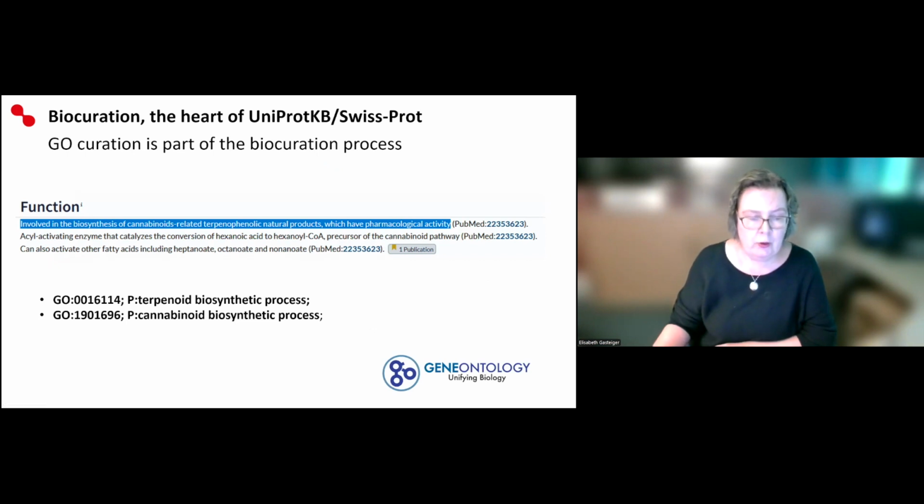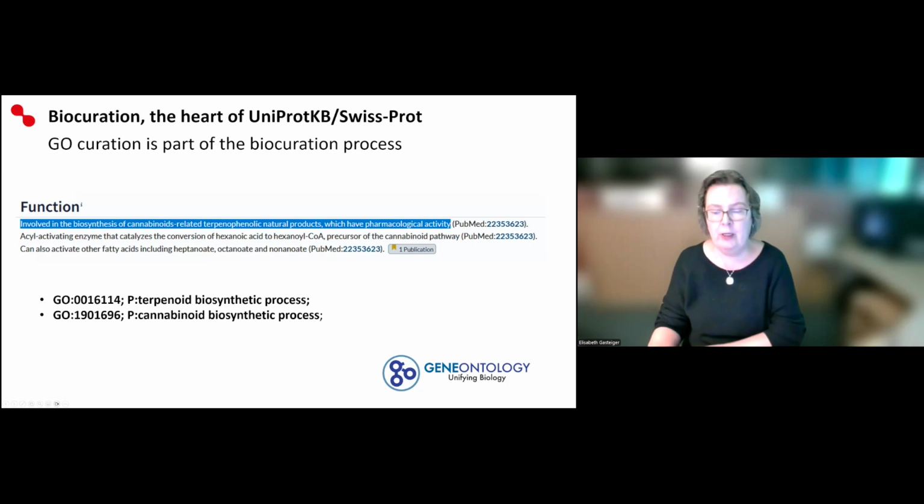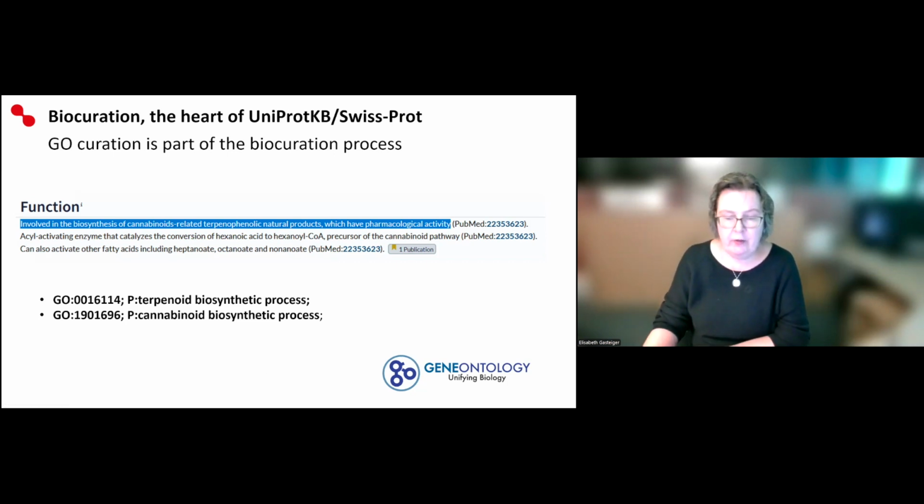The Swiss-Prot group, or UniProt, is an important participant in the GO consortium and does a lot of curation that is not only visible in UniProt, but also to all users of GO. For the entry we've been looking at, the curator has compiled a paragraph that summarizes the protein's function in 3 sentences based on the publication here.